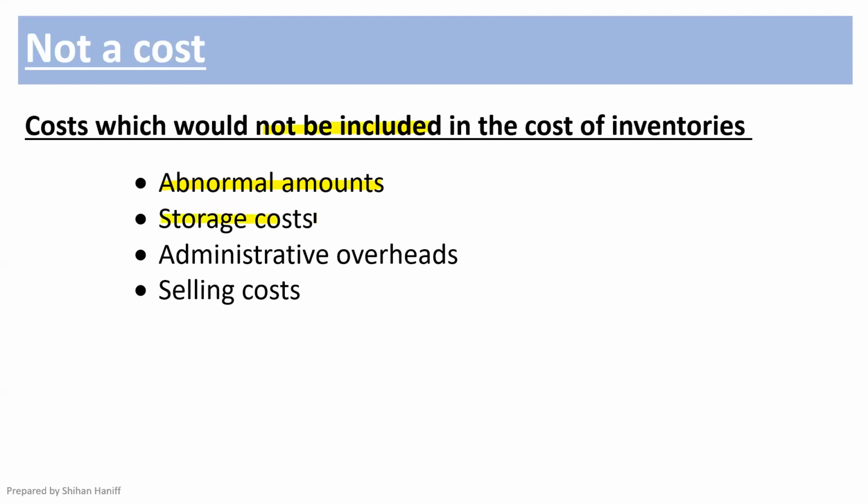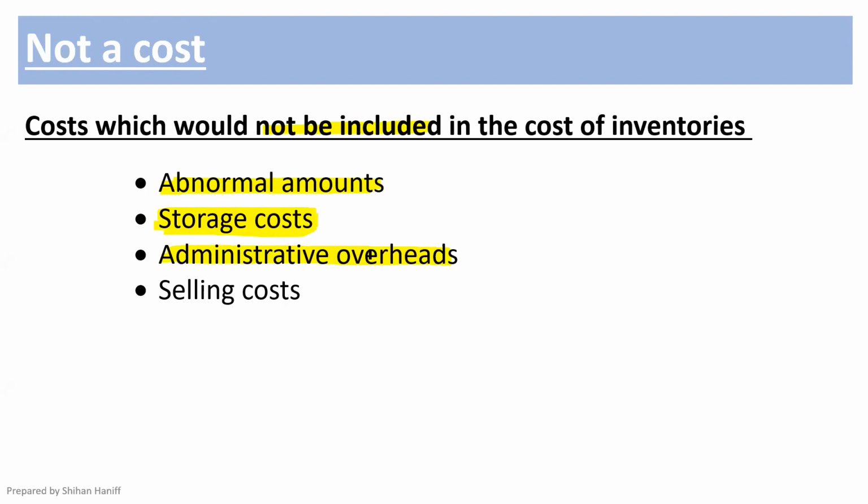Abnormal amounts, storage cost, right? Storage cost, to store the inventory. Administrative overheads like salaries, electricity, rent related to administration.